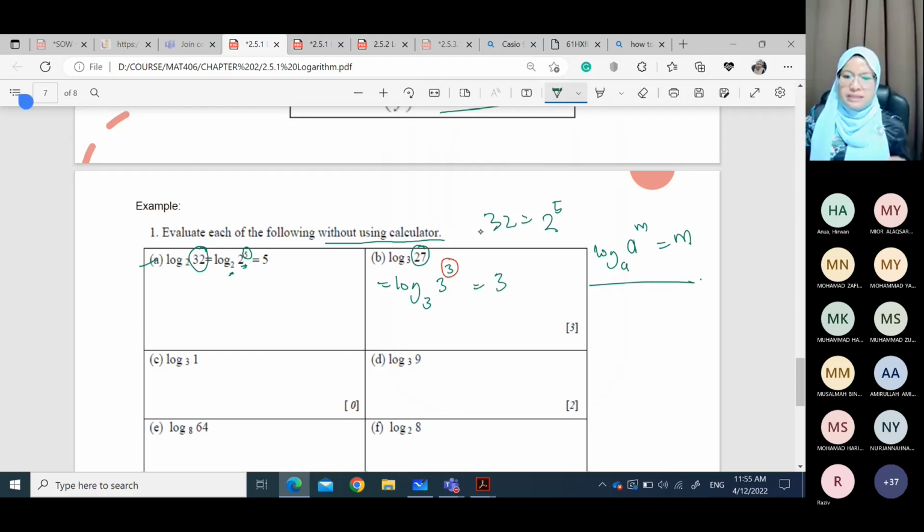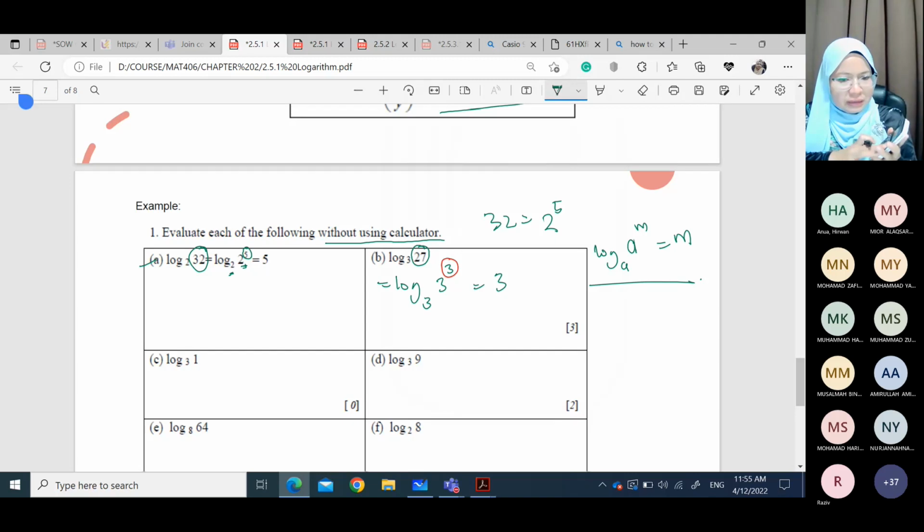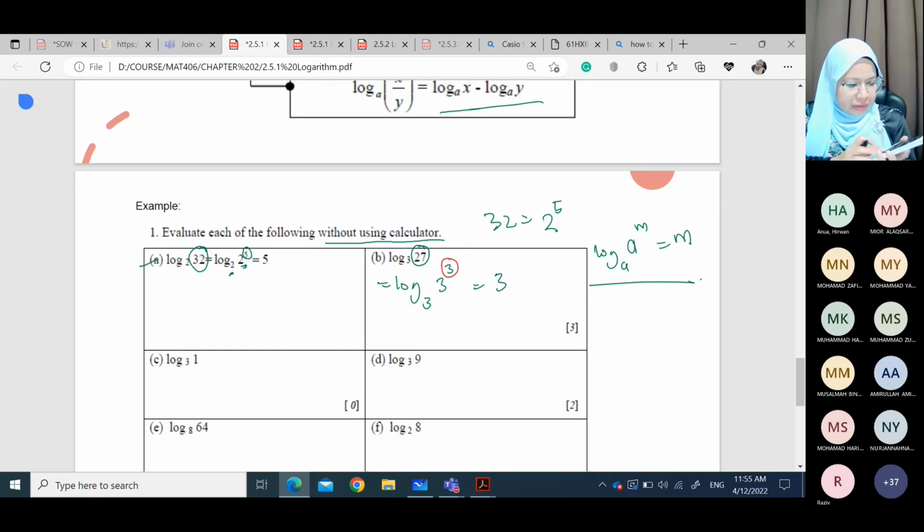Okay. So you boleh check gunakan calculator. So tekan log base 3. So dalam bracket tu 27 and then equal, then you akan dapat 3. So maknanya betul lah you punya jalan kerja tu. So ini kita tanpa gunakan calculator. Sama juga dengan ni untuk log 3 1.